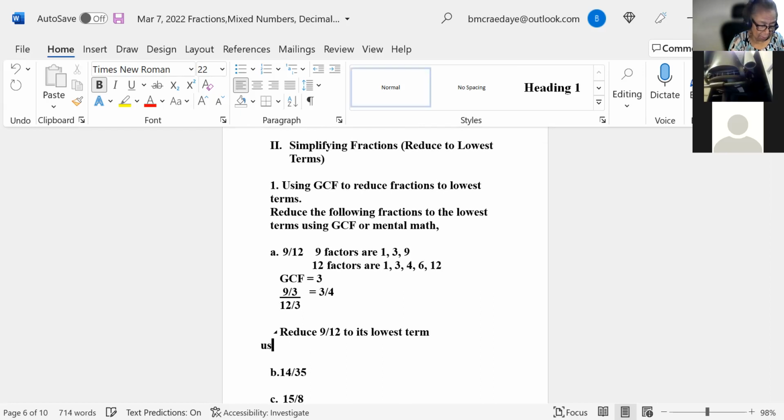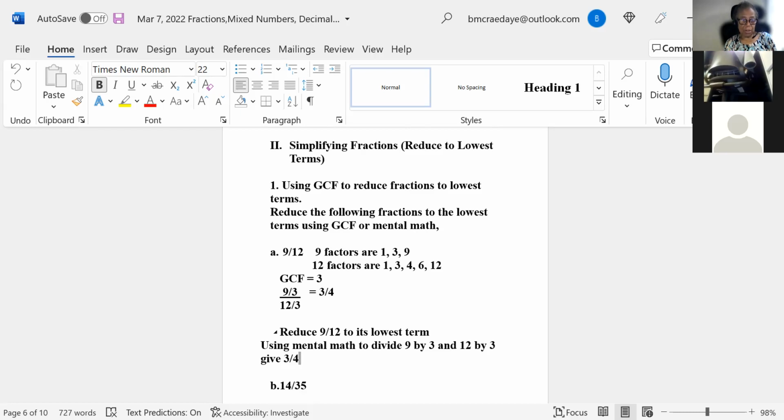Using mental math, 9 divided by 3 and 12 divided by 3 gives 3/4. That's perfectly fine, because sometimes the numbers are ones you're familiar with and you know what the factors are. And that's what you just did, and that's fine.